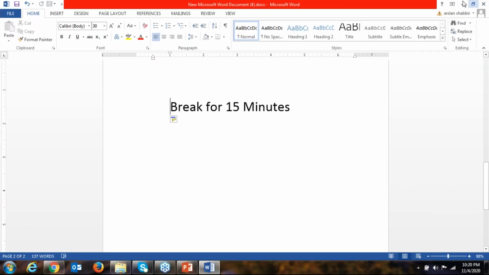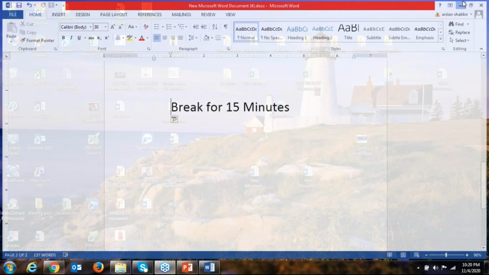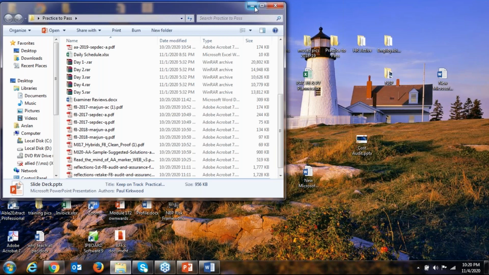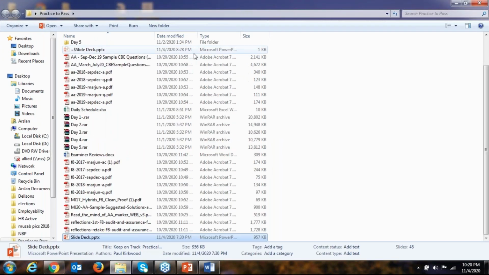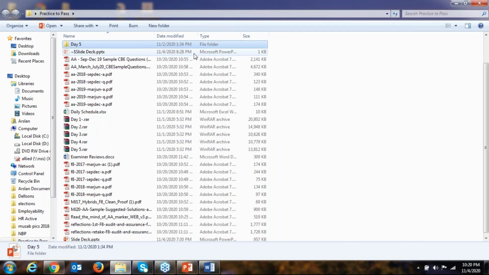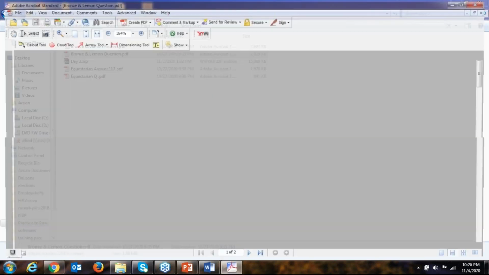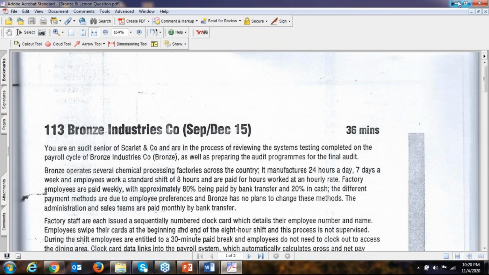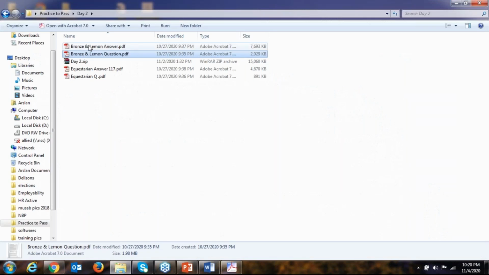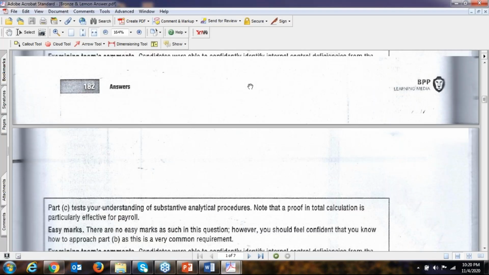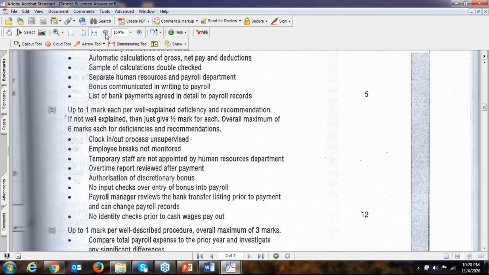Today is day two of this session, practice to pass. This is the Bronze and Lemon question, and this is the Bronze and Lemon answer.